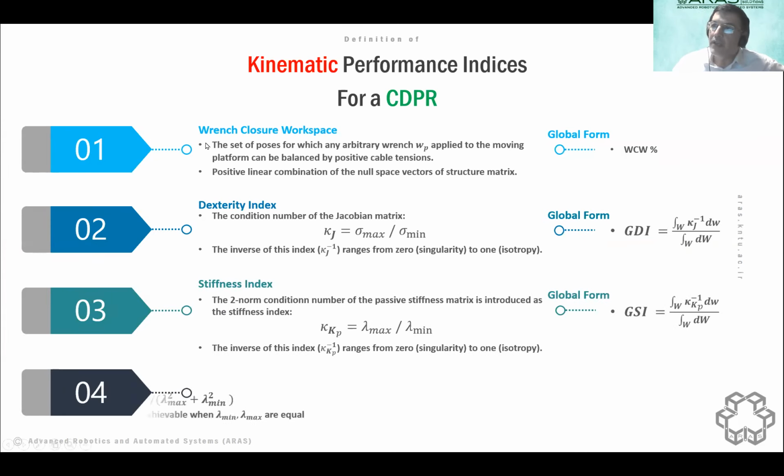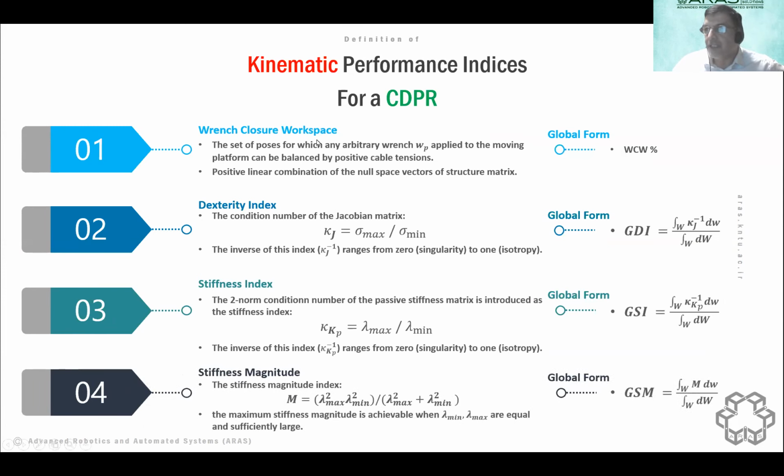We can have wrench closure workspace as the main important issue. Then we have some dexterity indices in terms of the singular values, or some stiffness indices in terms of the eigenvalues of the stiffness matrix. And we have also used the stiffness magnitude here. This is also proposed in the literature.